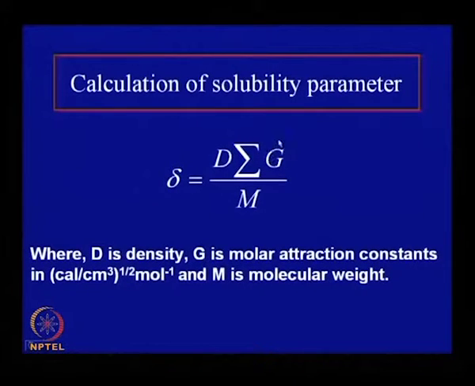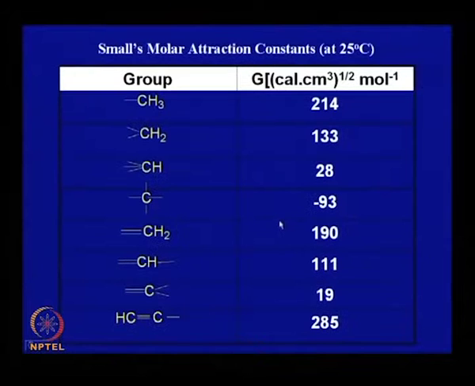This G can be calculated because it has been evaluated that these G values, known as molar attraction constants, measured by experiments at 25 degrees Celsius: for a methyl group its contribution is 214, for a methylene group it is 133, for CH connected to other 3 bonds it is 28, for carbon attached to 4 different atoms it is minus 93, for CH2 attached to a double bond it is 190.